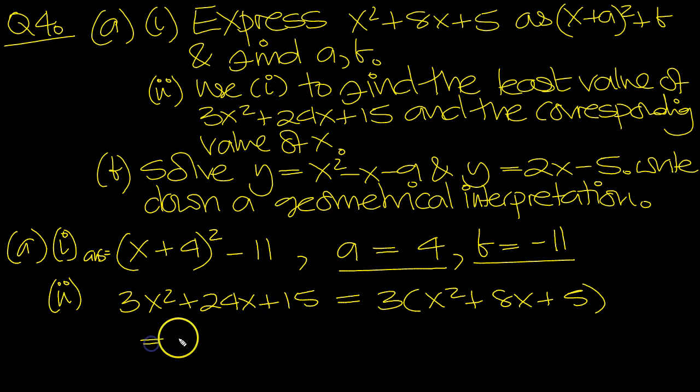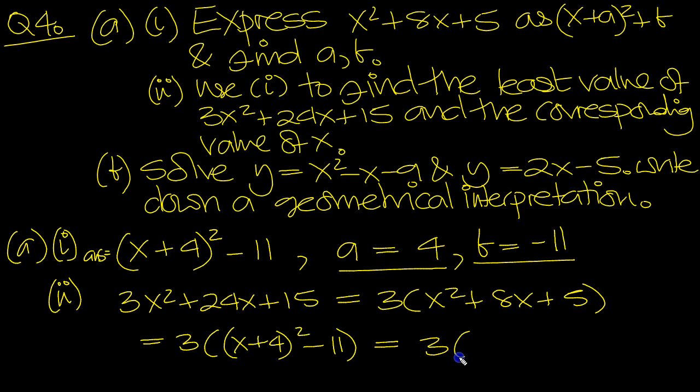So this is equal to 3 lots of the x squared plus 8x plus 5, that we used in part 1, so we can put this in, can't we, in here. And that's equal to 3 lots of (x plus 4) squared minus 11, which is 3(x plus 4) squared minus 33 when we expand the bracket once more.